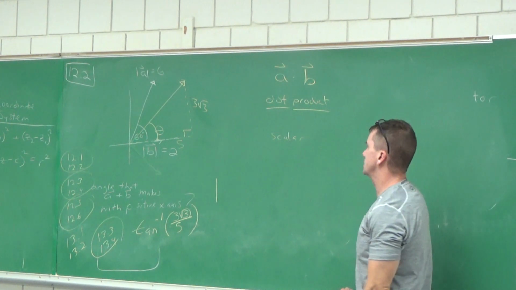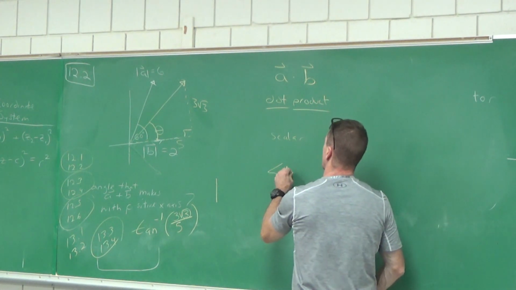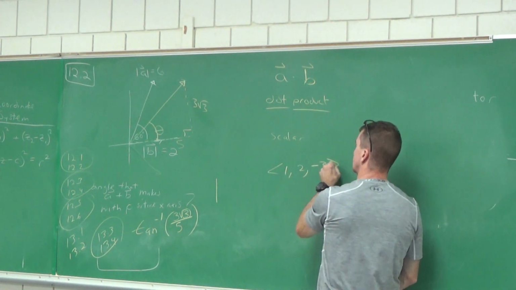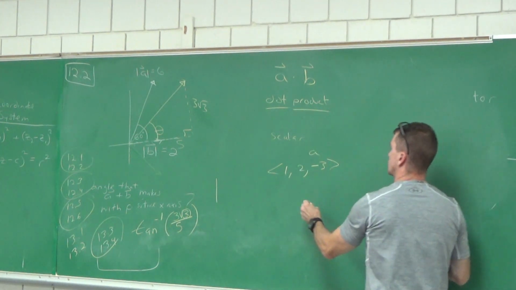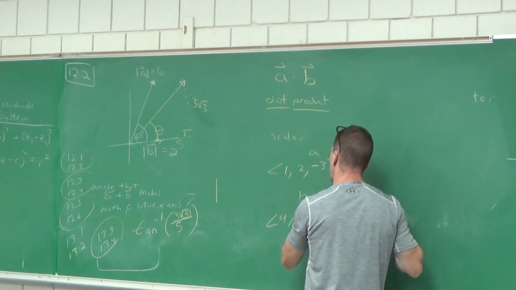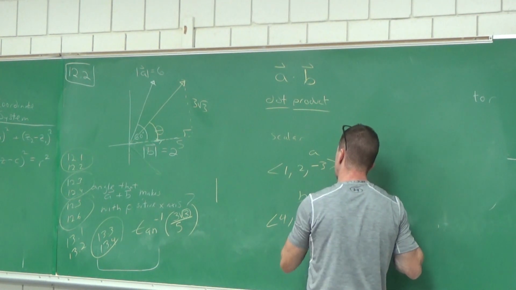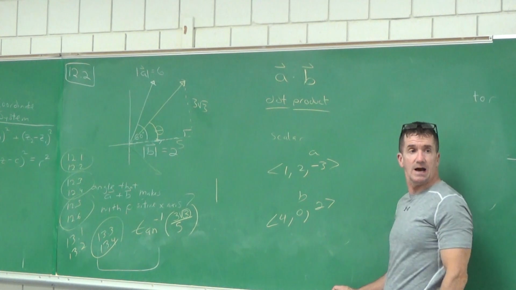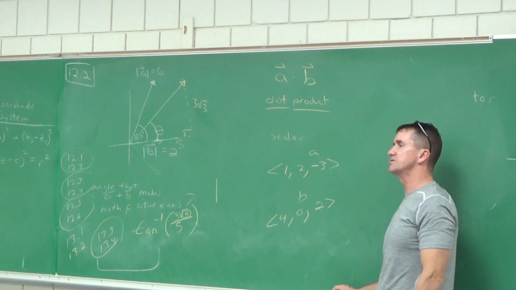So the dot product, let's just say one vector was 1, 2, -3, and here's vector A. Vector B is the vector 4, 0, 2. And you've got to find the dot product between these vectors. What do you simply do?